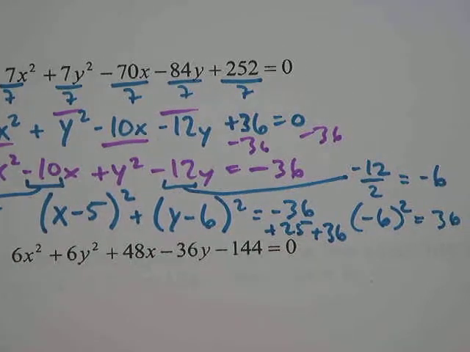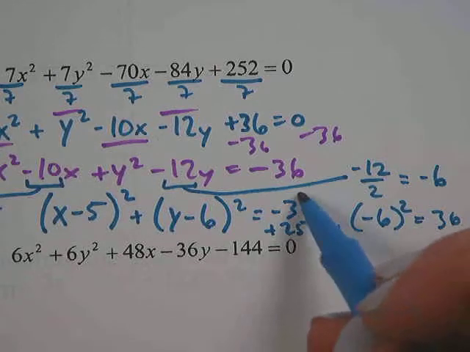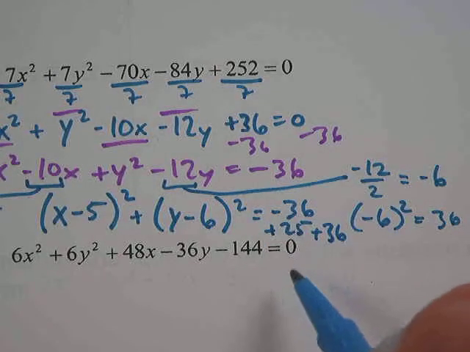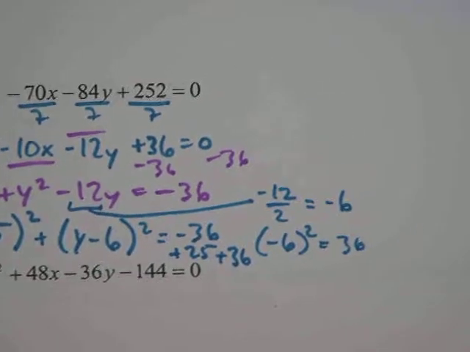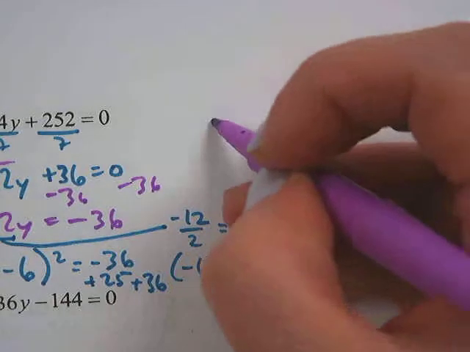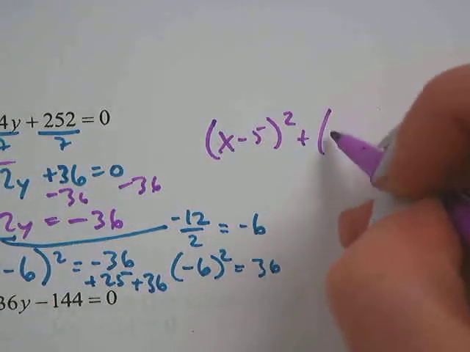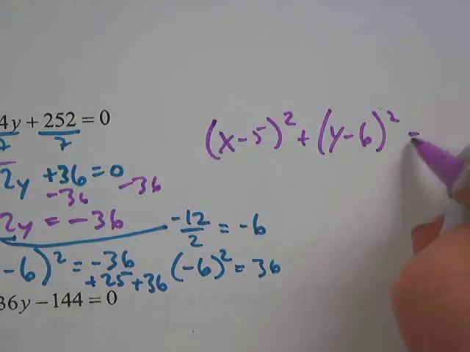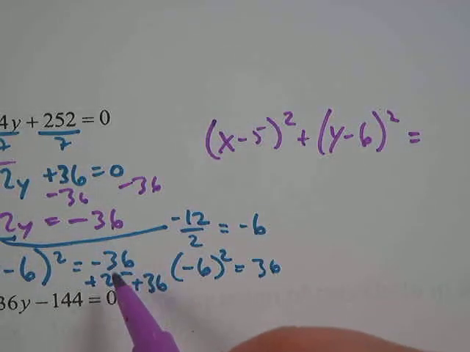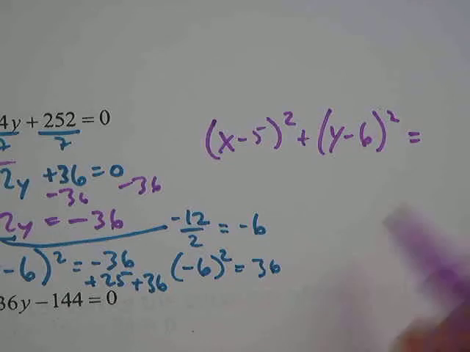So what I'm going to do for my final rewrite of everything is I'm going to combine these like terms over here. So my complete final answer for the equation will be, I still have my x minus 5 squared plus my y minus 6 squared, and then negative 36 plus 25 plus 36 is just 25.